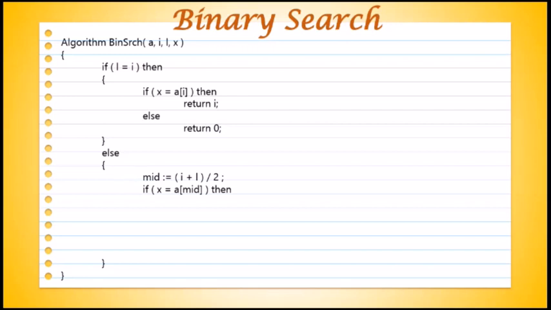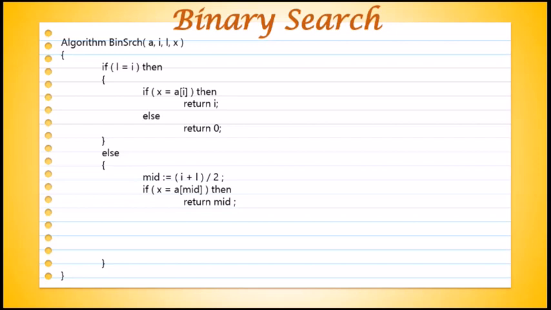So if this condition is true, it means the searching element is present in the list. So you will return the position of mid. That means the element is present at the middle position.